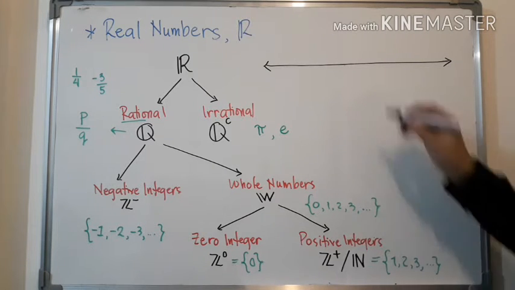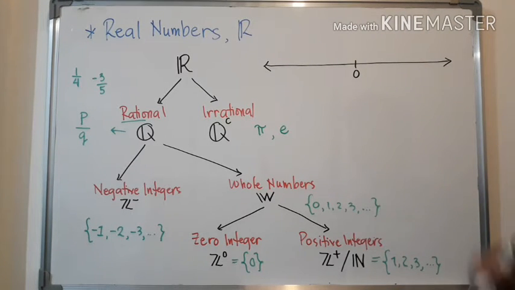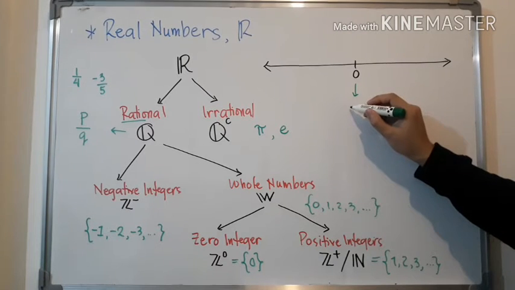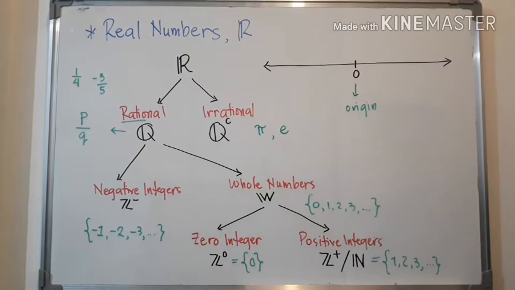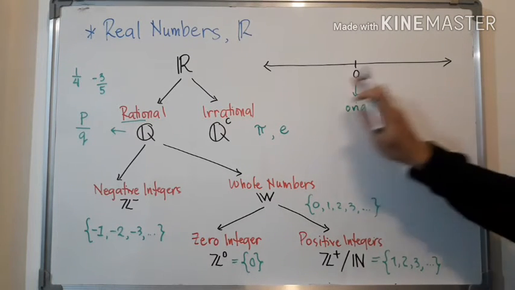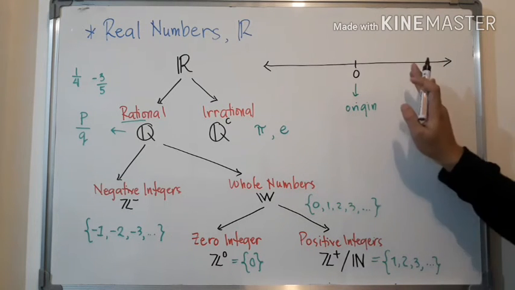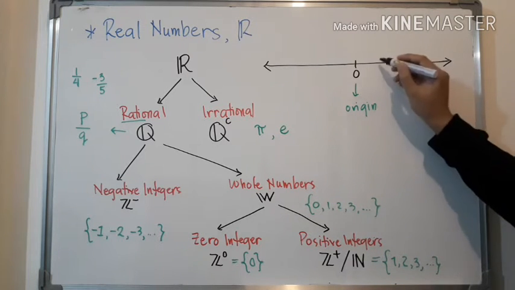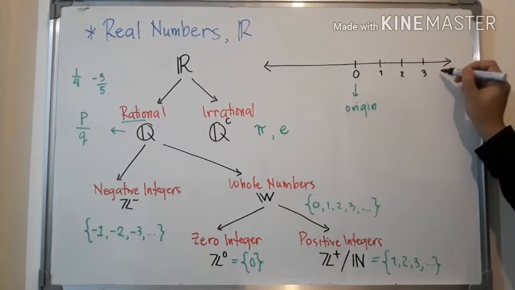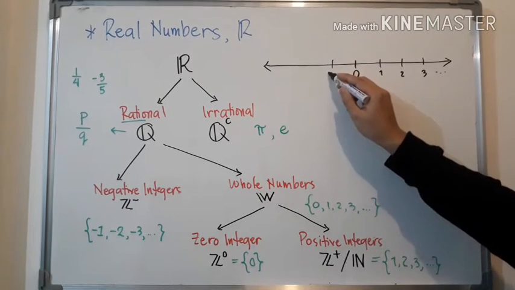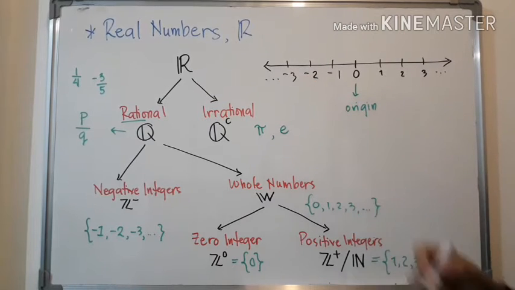Say we have this arbitrary point 0, which we call the origin. And then we equally divide this graph of real numbers. Say this is positive 1, positive 2, positive 3, and so on. And we have negative 1, negative 2, and negative 3, and so on.